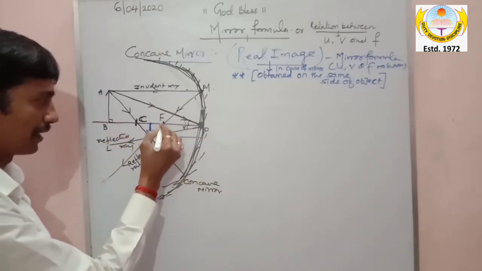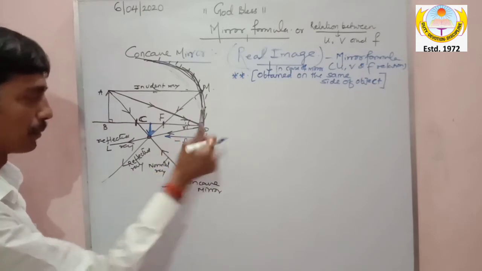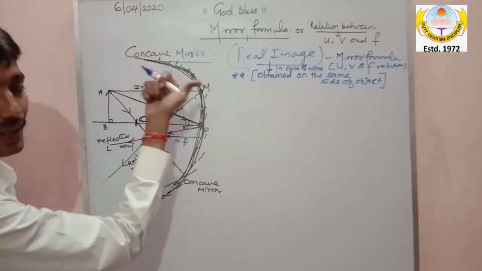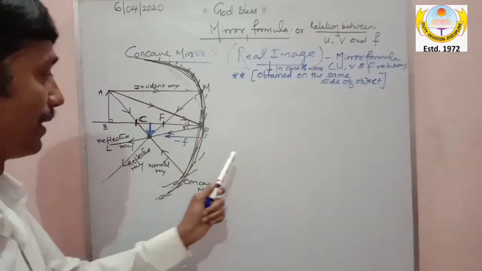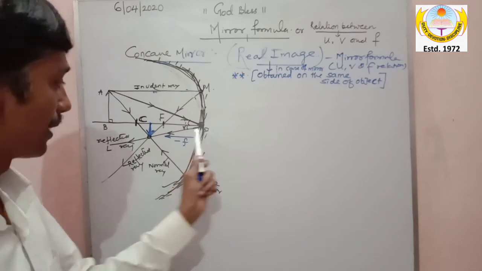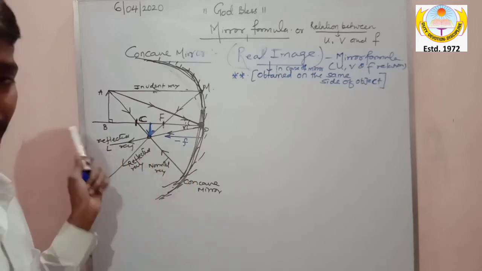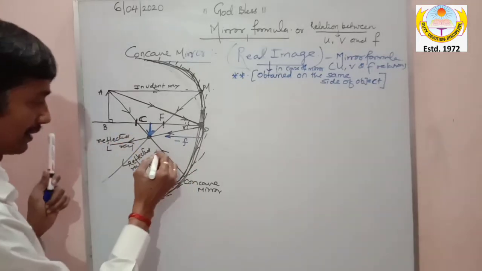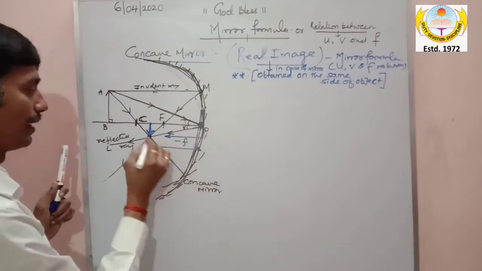So till the focus it is the focal length and it is minus f, because it is opposite to the ray. Any incident ray always goes from left to right, and then it is very clear that I have to measure the distance from here. So if I go this way, I am going opposite to the ray, so it will all be minus in this case. So here it is P the pole and here it is C.